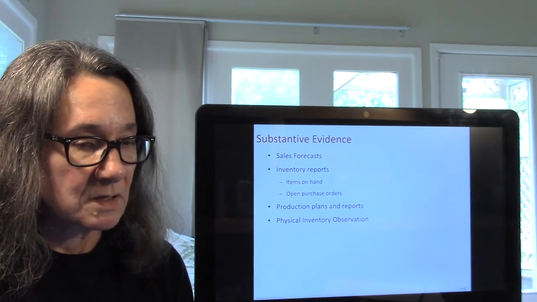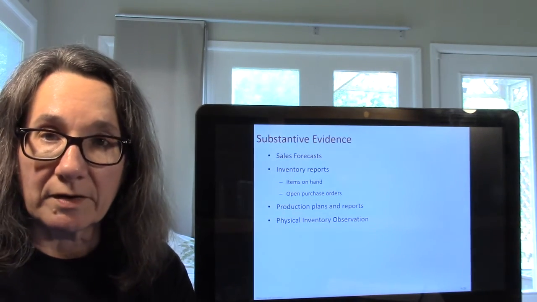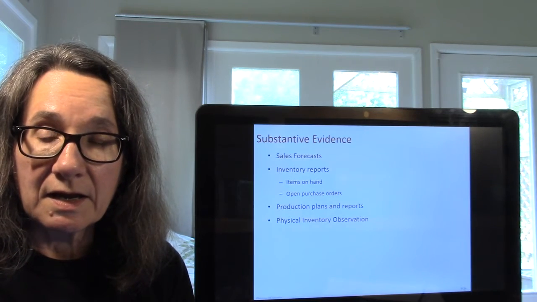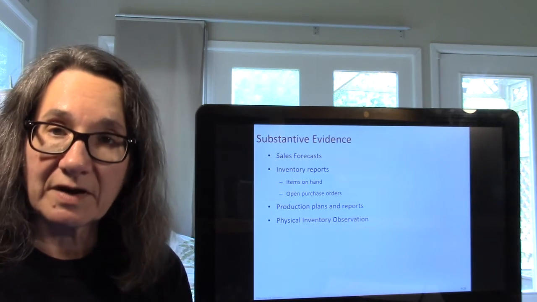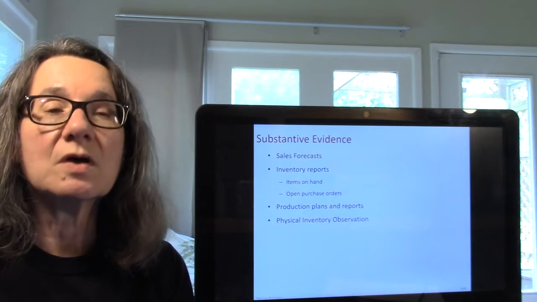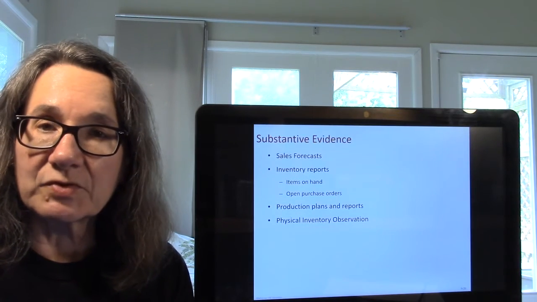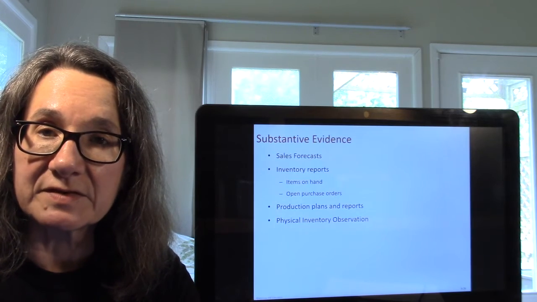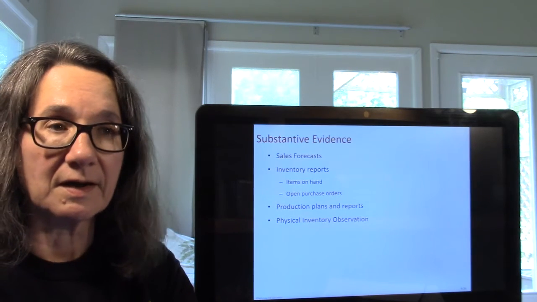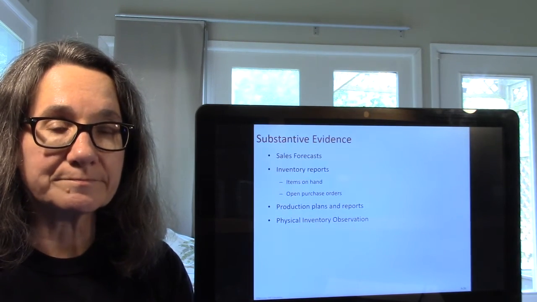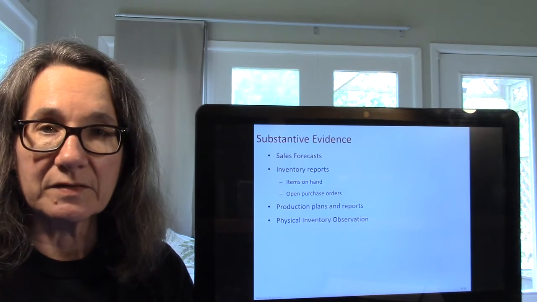The audit standards require, if inventory is material, and not every place's inventory is material, but if inventory is material, you have to observe at least some of the physical inventory. So that's a requirement.